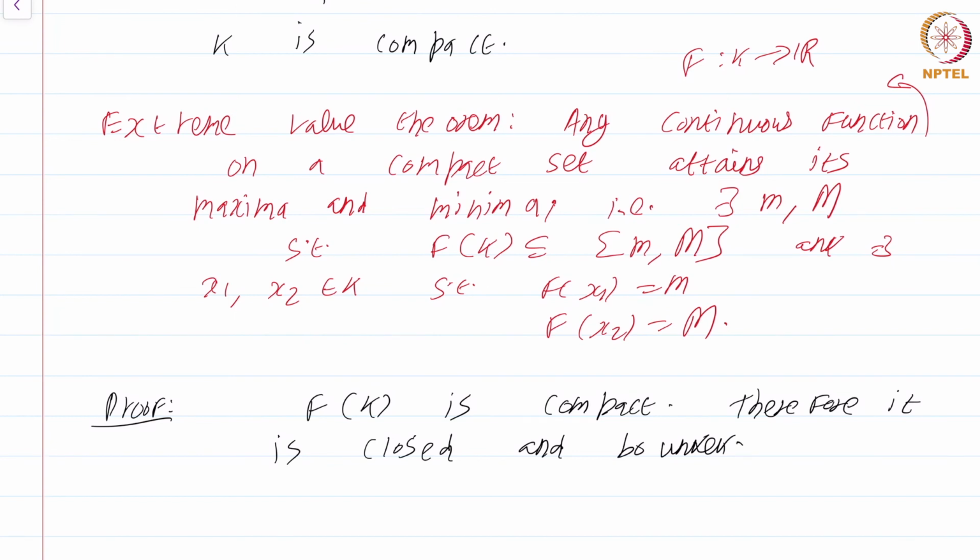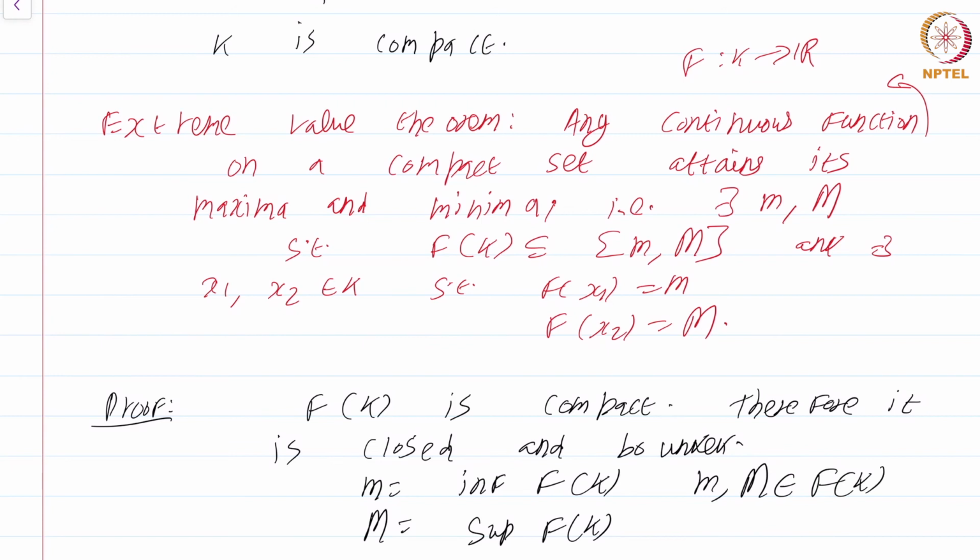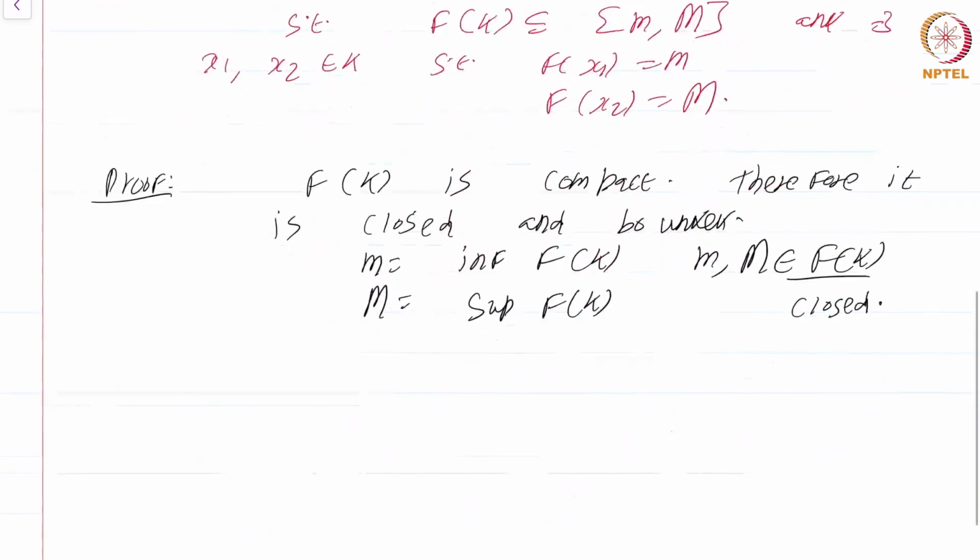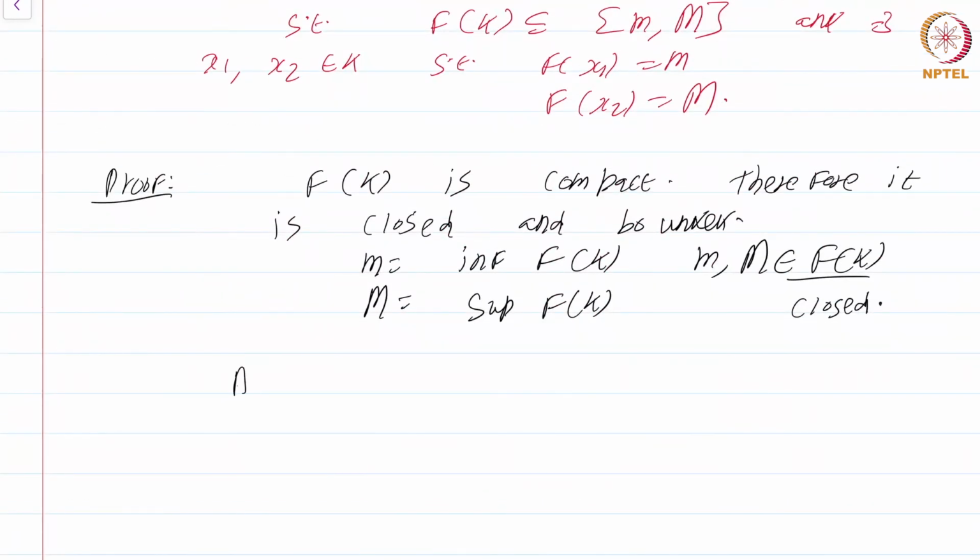And now we can just see that small m is the infimum of f of K and capital M is the supremum of f of K, and small m and capital M will have to belong to f of K because this is closed. And we are done.